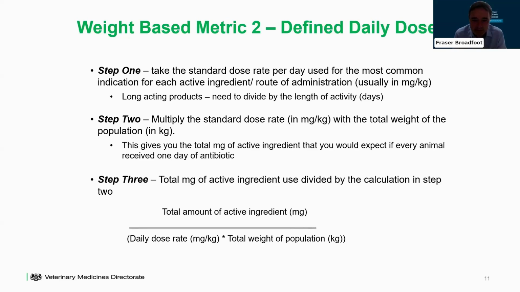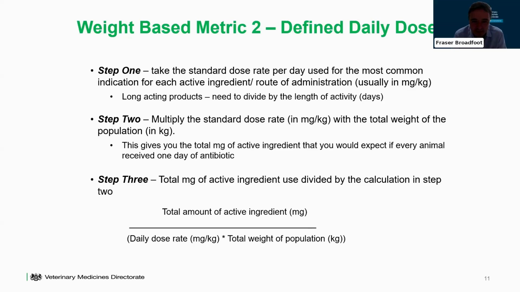The second stage is we've already collected the denominator, which is the total kilograms of animal at risk that I talked about before. So what you do is you multiply that standard dose rate with the weight of animals at risk. It takes a bit of thinking about, but it does give you the total milligrams of active ingredient that you would expect if every animal received 1 day of an antibiotic.